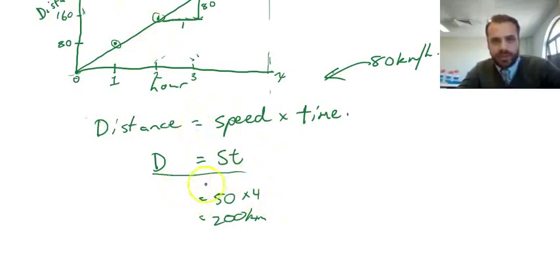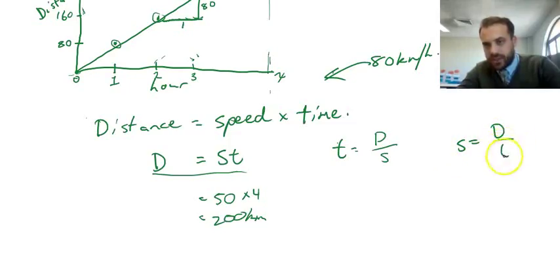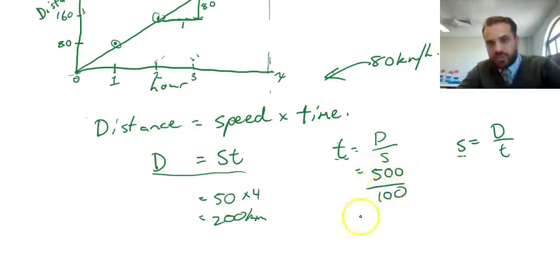Now this formula can be written in 3 ways. We can rearrange it. If we wanted to make T the subject, it would be T equals D over S. And if we wanted to make speed the subject, speed equals D over T. Now these formulas can be used to find either the time or the speed respectively. So let's say I'm traveling 500 kilometers at 100 kilometers per hour.